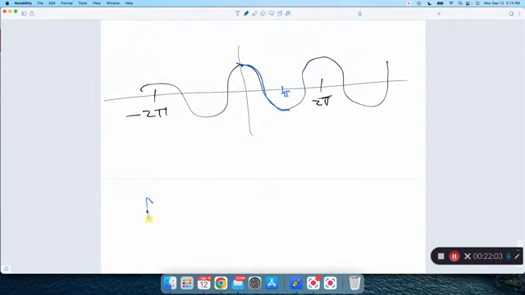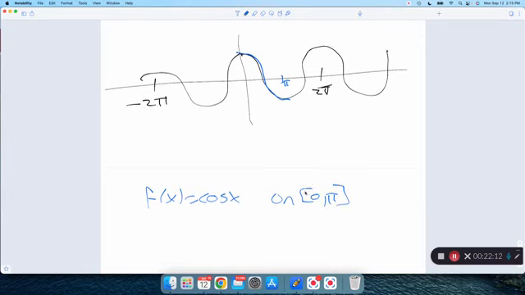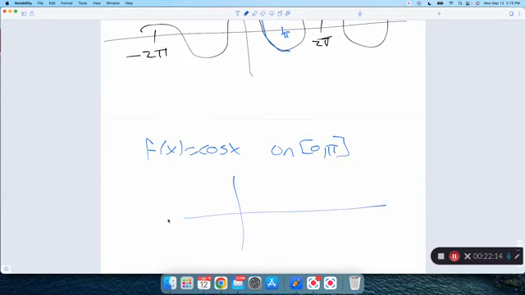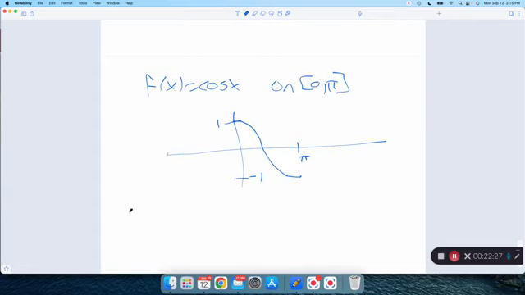So we're going to take this function, f of x equals cosine of x, on this restricted domain, 0 to pi. That is 1 to 1. It looks like this. That's my entire function. It's on this little tiny chunk. That has an inverse, and his inverse is cosine inverse.